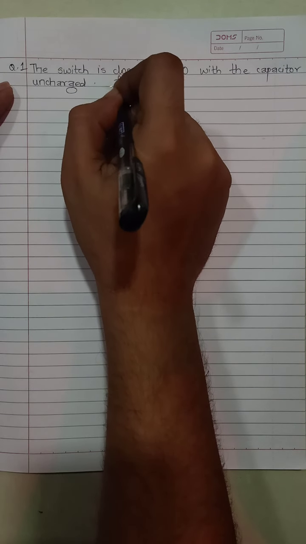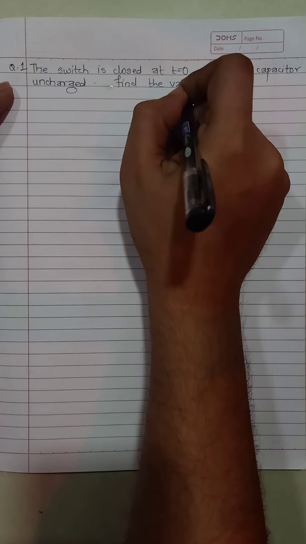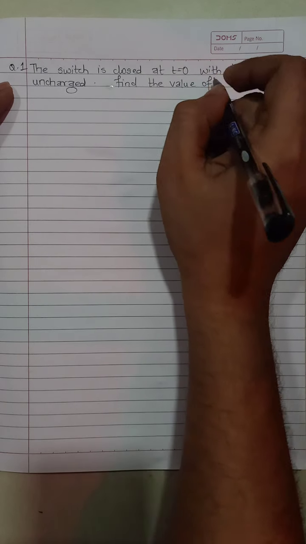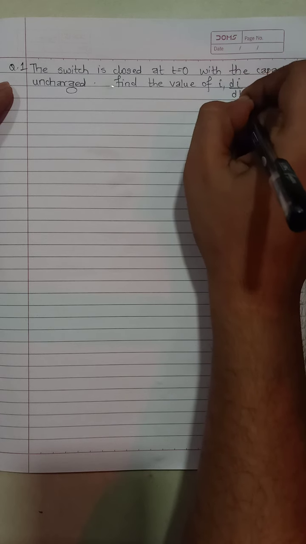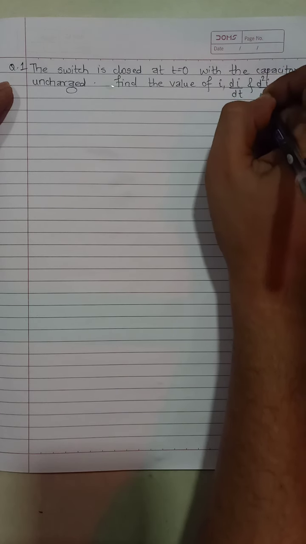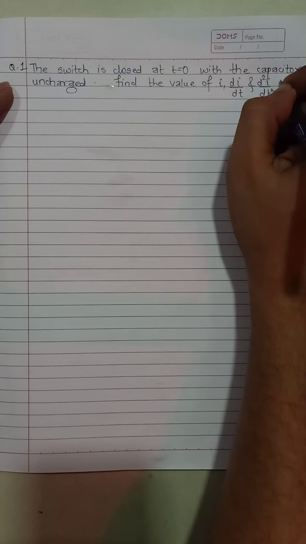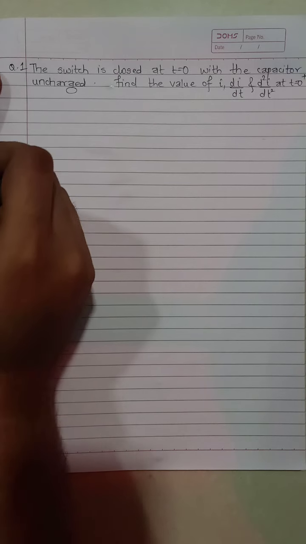Find the value of i, di by dt, and d square i by dt square at t equals 0 plus.